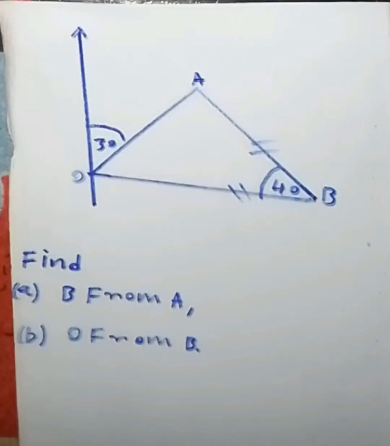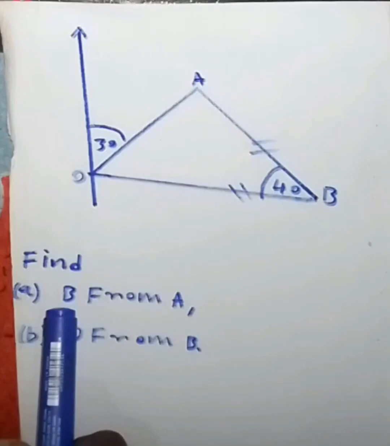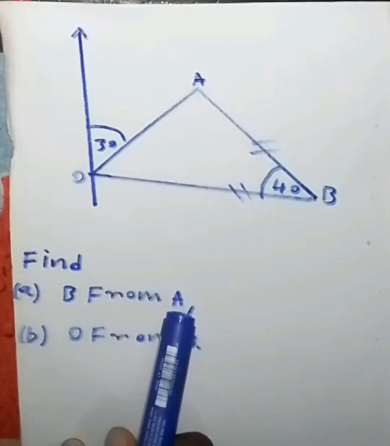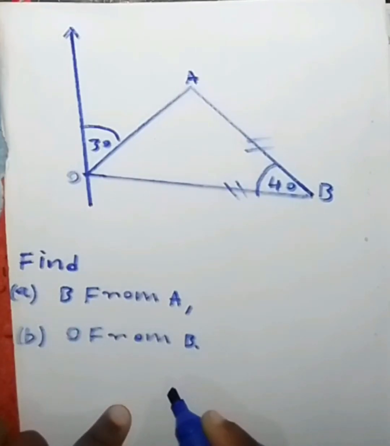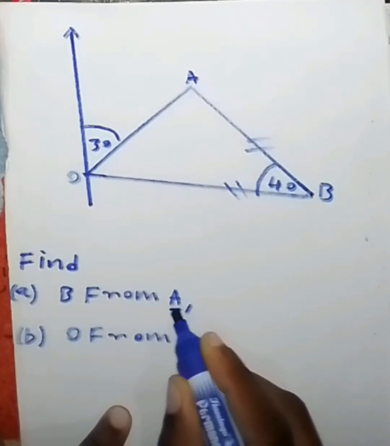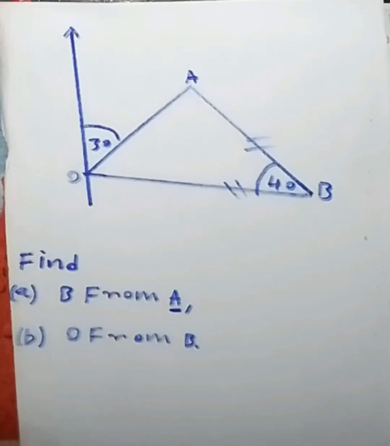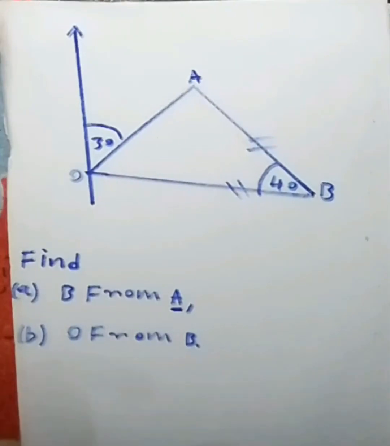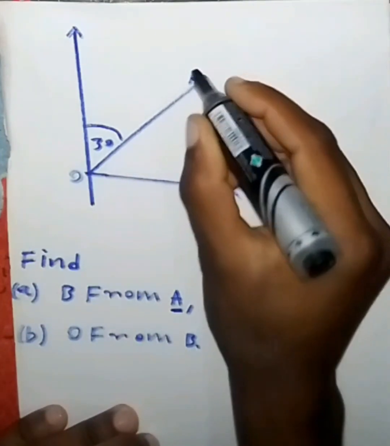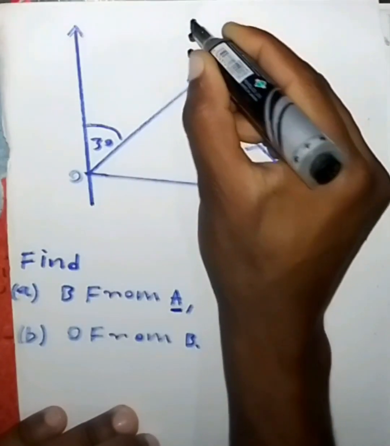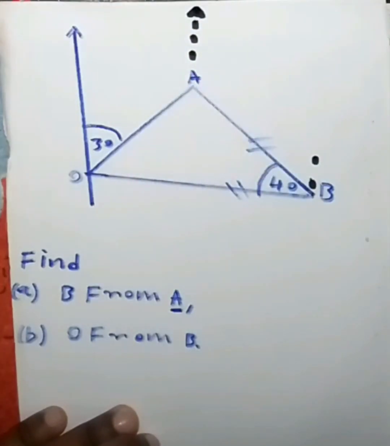For example, we are given: find the bearing of B from A. It simply means we go where it says from, so we go where A is and draw an imaginary line.